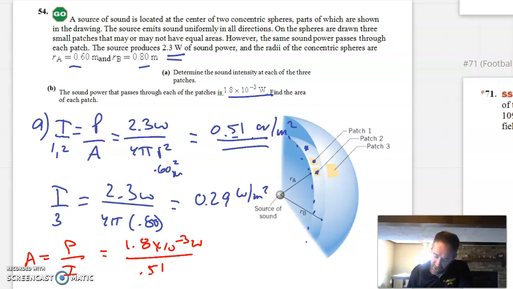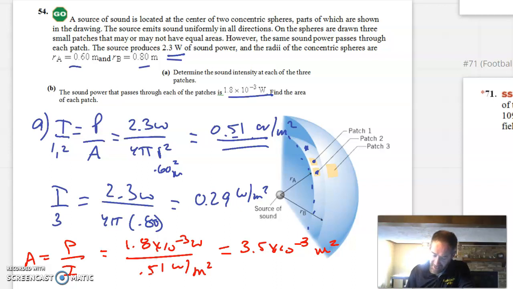So a good way to think of this is saying, all right, if the power that you want is 1.8 times 10 to the minus 3, and you are at a spot where it is spread out to a thickness of 0.51 watts per square meter, then how many square meters do you need? And so you'll see that this area 1 is going to be 3.5 times 10 to the minus 3 square meters.